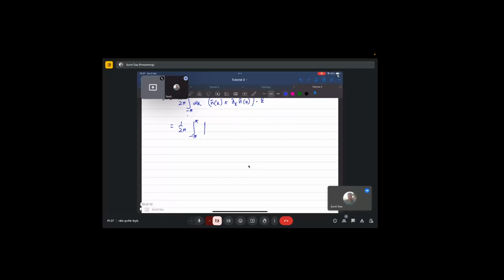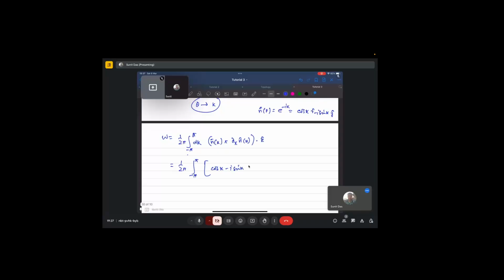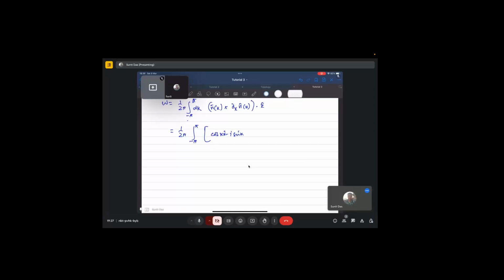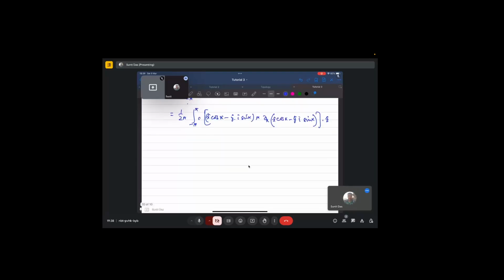So we have something like cos k minus i sin k, x cap and y cap, cross del k of the same thing, cos k x cap minus y cap i sin k, and dot z cap, right, and dk.